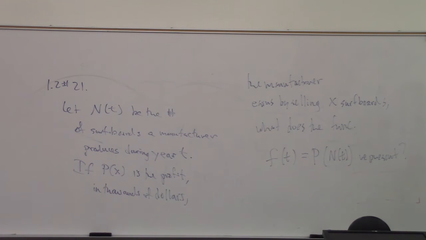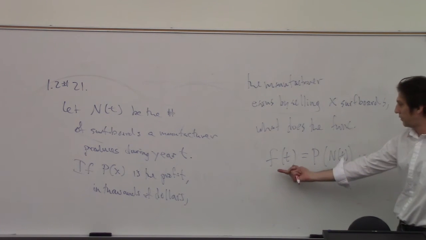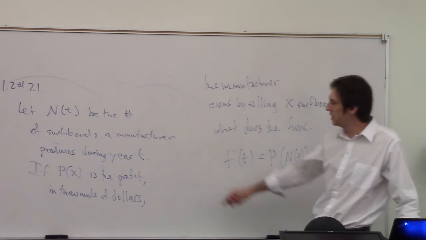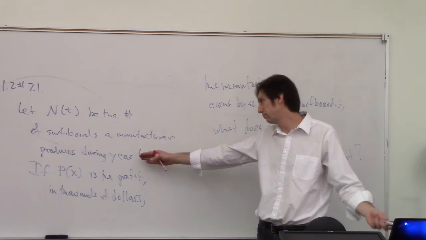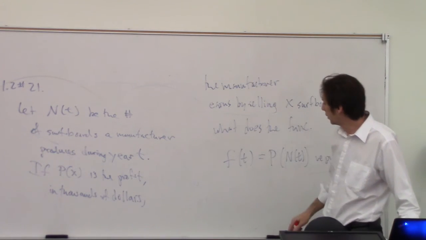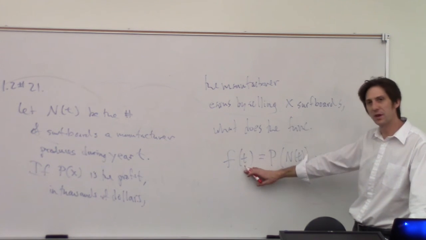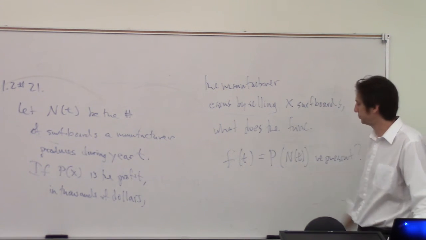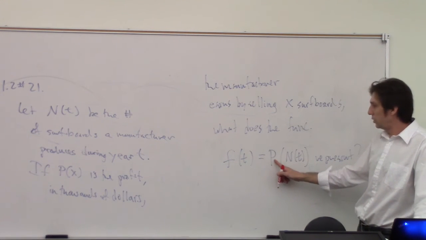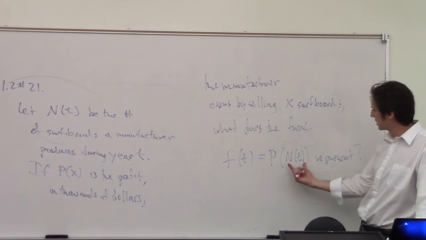So, well, let's think about it. The function f here is a function of t. T stands for time, and it's measured in years, okay? So this function is something that involves years. P we know is the profit. What was capital N?